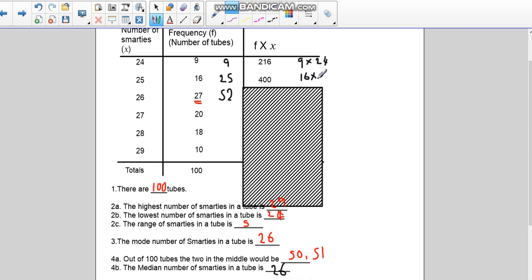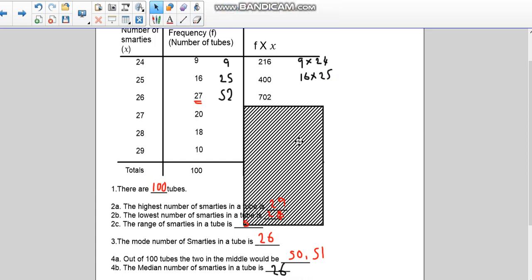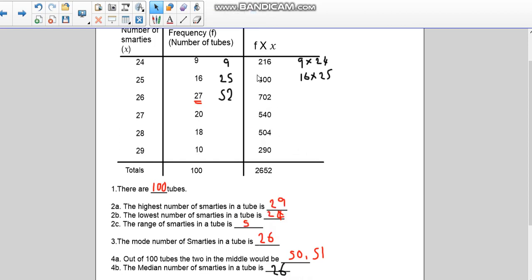And so on. Then I would have 27 times 26, which is 702, 20 times 27, and so on, all the way down to 10 times 29. Then to find the overall total, I need to add all those up and put the answer there.